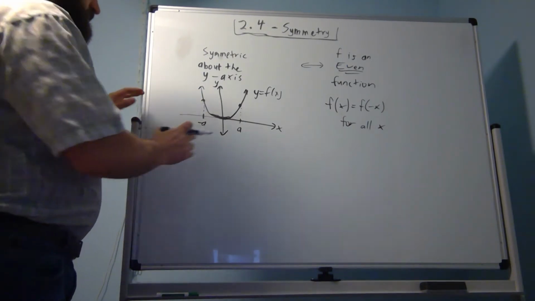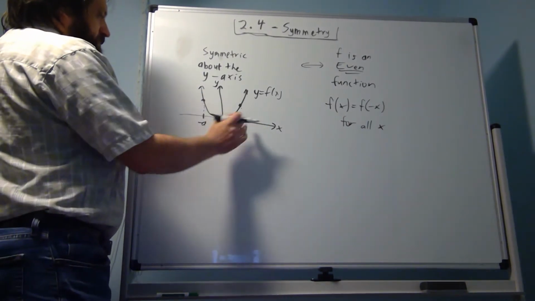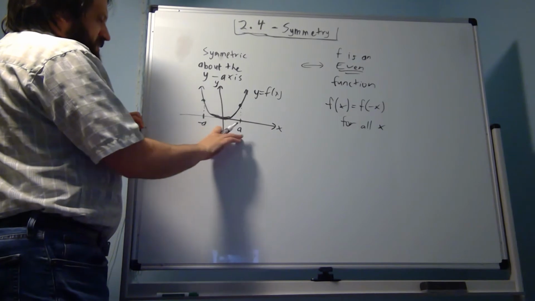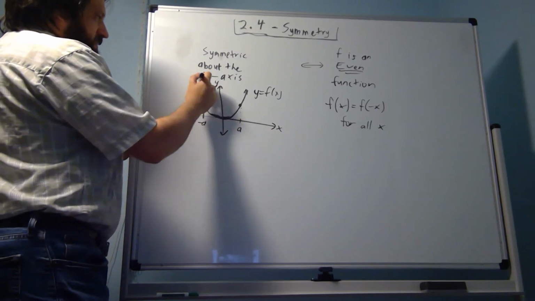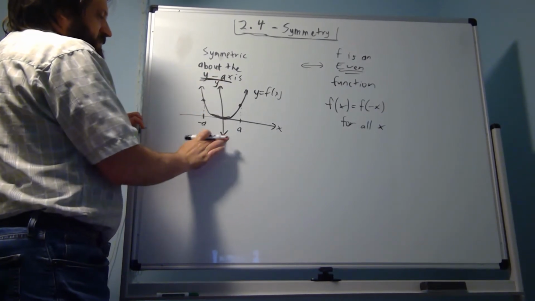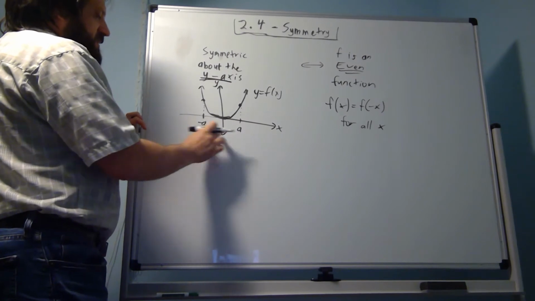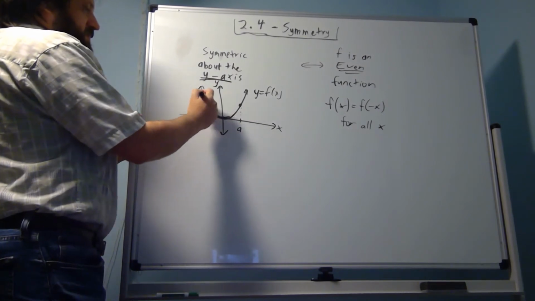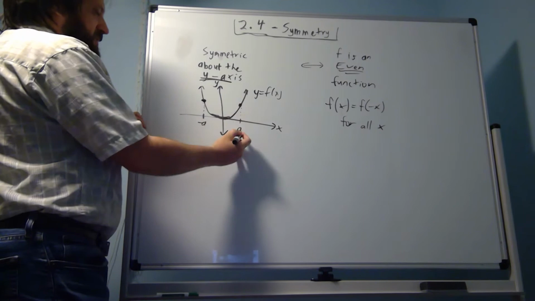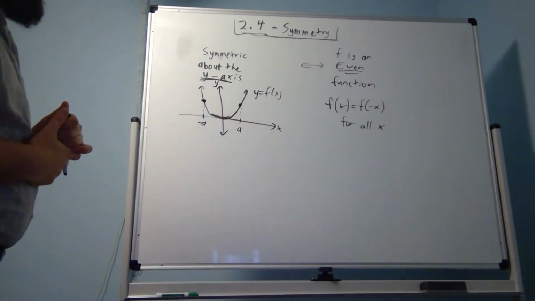That's all we're looking for here. So the picture here is, what does it mean to be a mirror image? If you start at the y-axis and go in one direction or the other, you get exactly the same y values when you plug in those two different x's.